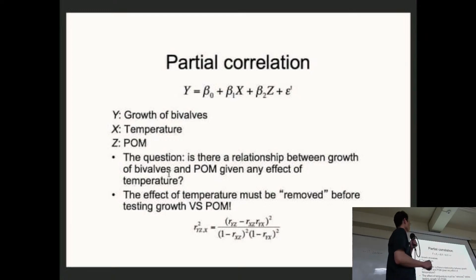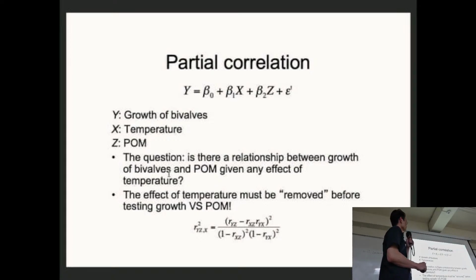So this is called a partial correlation. I ask whether Y has a relationship with Z conditionally on X. The idea is that after accounting for the effect of X, you calculate the residual correlation between Y and Z.